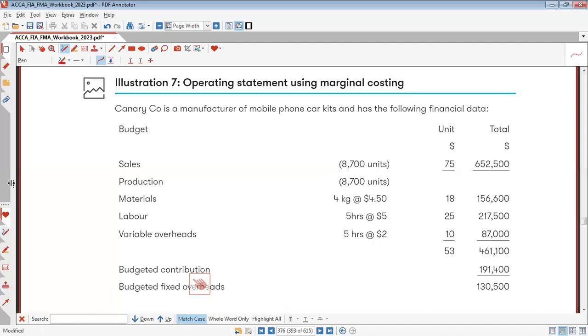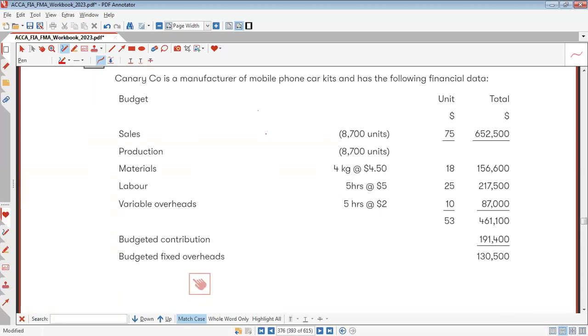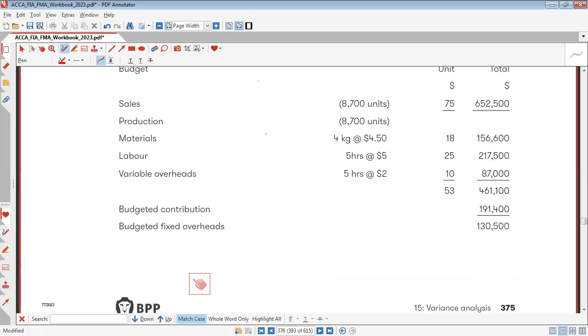For example, in the operating statement we have here, Canary Company is a manufacturer of mobile phone car kits and has the following financial data. The budget covers the sales, production, materials, labor.